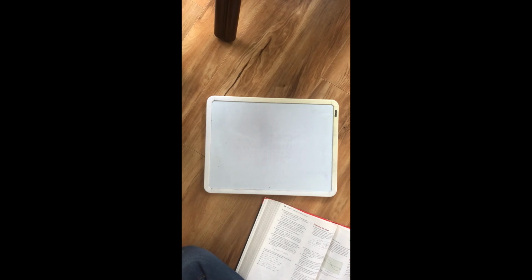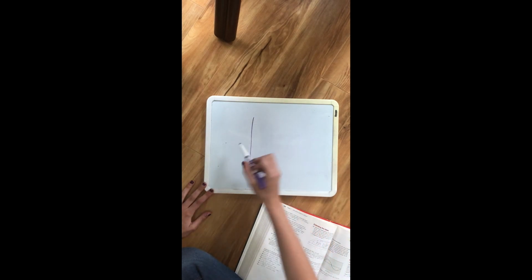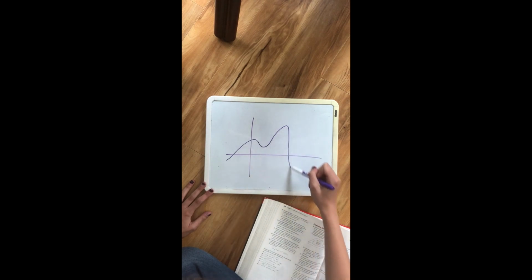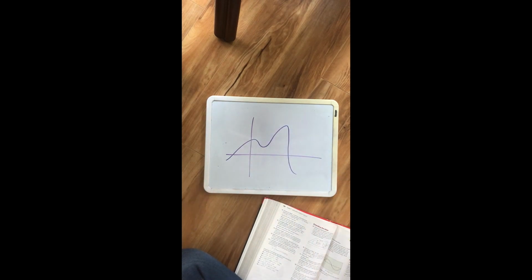So, say you were given a graph like this. The local max is the height of the function at which it is greater than or equal to the height anywhere else in that interval.